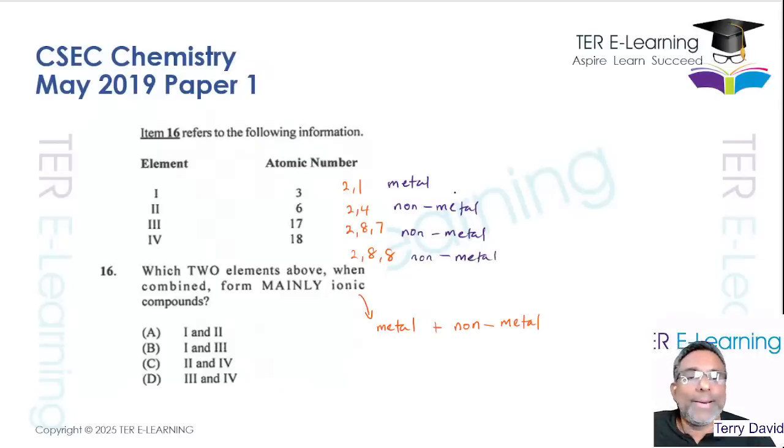So if you want to form an ionic compound, we can take this group 1 metal and you have to select the correct non-metal. The only non-metal there that it's going to react with to give us an ionic compound will be 1 and 3. So the answer is going to be B. So that's number 16.